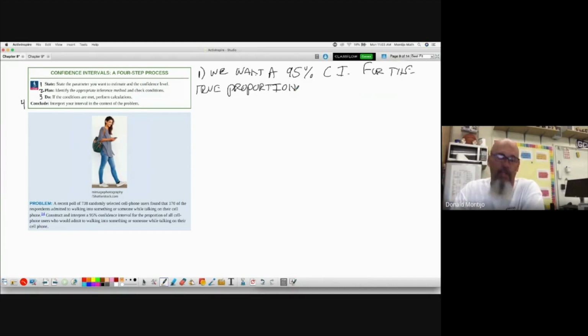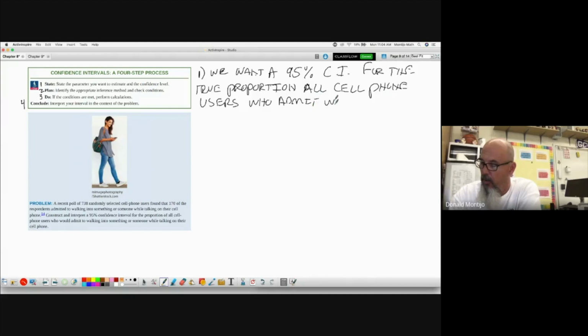What is our population of interest? What are we trying to find? The true proportion of all cell phone users who admit to walking into something while talking on their phone.